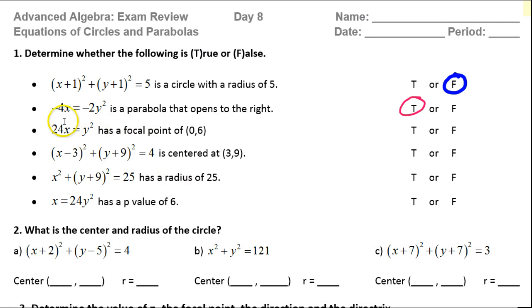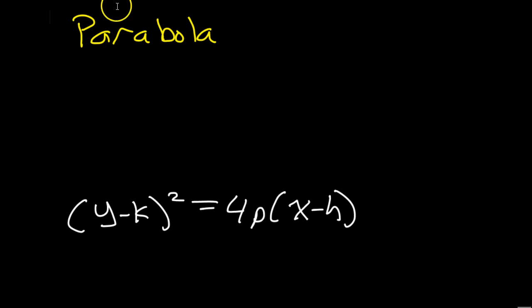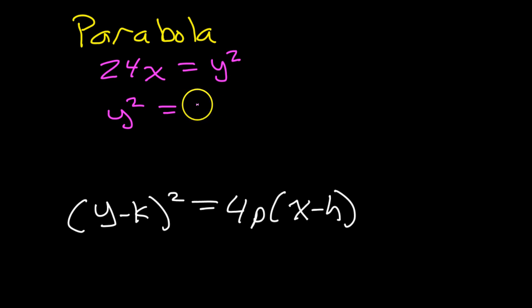Now compare this with our equation, 24x equals y squared. I'm sure you'll agree that this is the same thing as y squared equals 24x. All right, just trying to make it look more like our standard form.